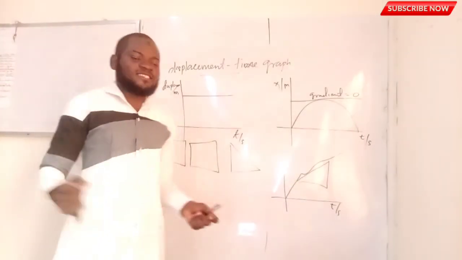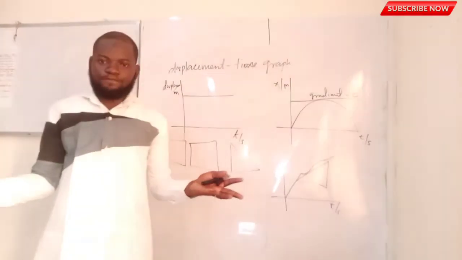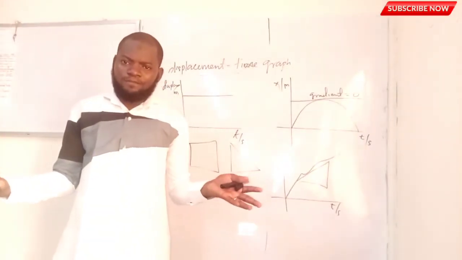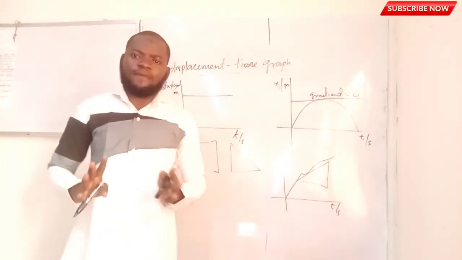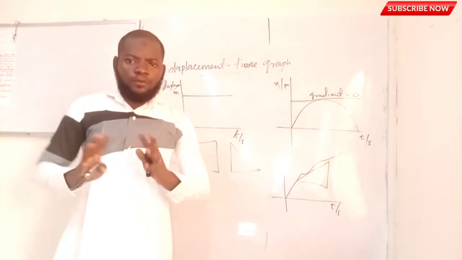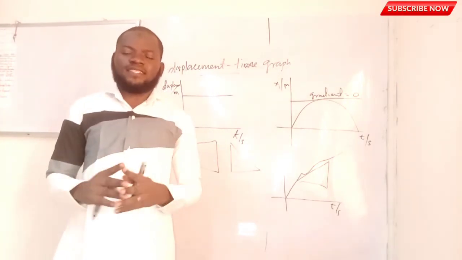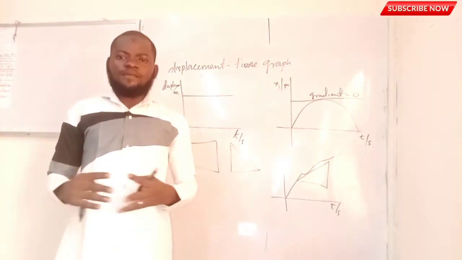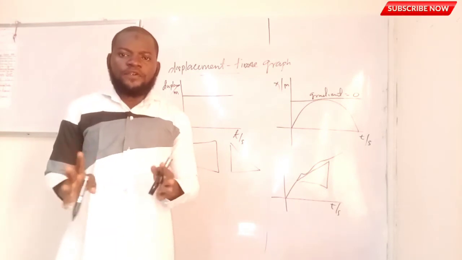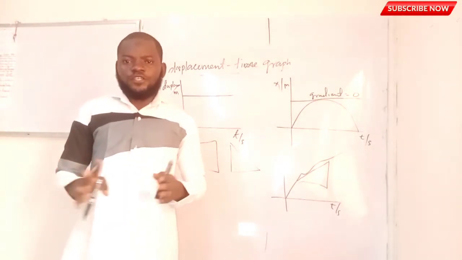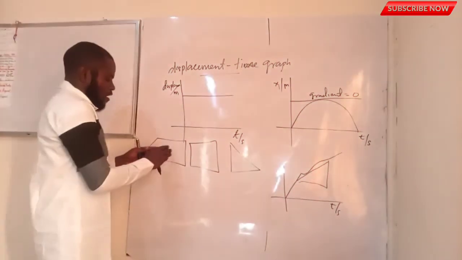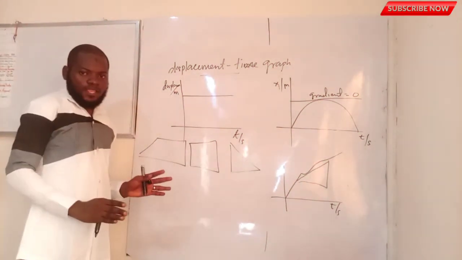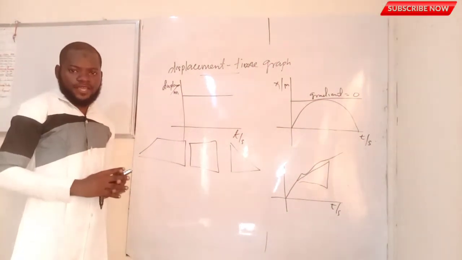And even at times, it can combine the whole of the shapes. Are we together now? Please note this and have it at the back of your mind. The motion of a body can form different mathematical shapes. And what are the prerequisites you need? The prerequisite you need is just for you to know the area of each shape. How do you calculate their areas?